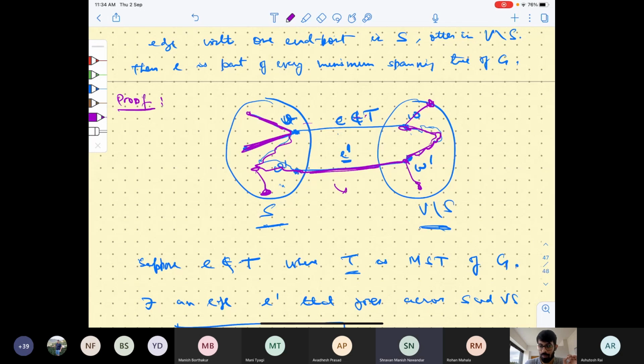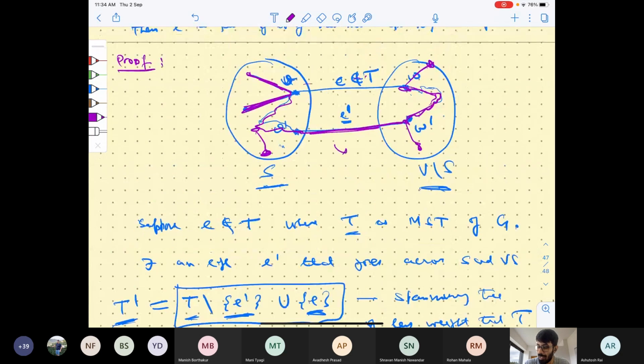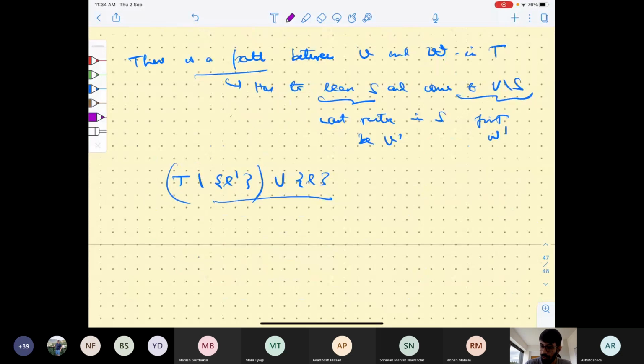So if we add E, there would be a cycle, right? If we add E, there will be a cycle. Yes, that is the point. Okay, so I thought removing from the tree will not affect connectivity, but yes, that is correct.